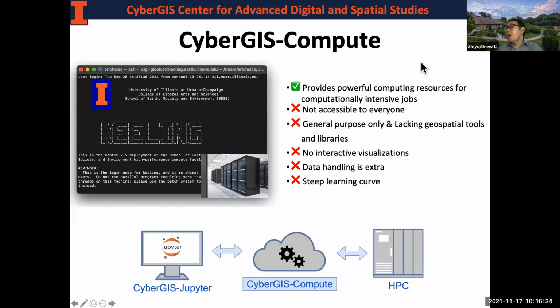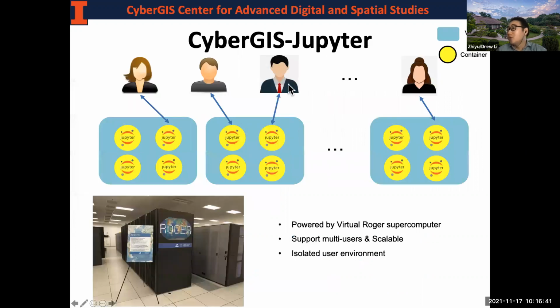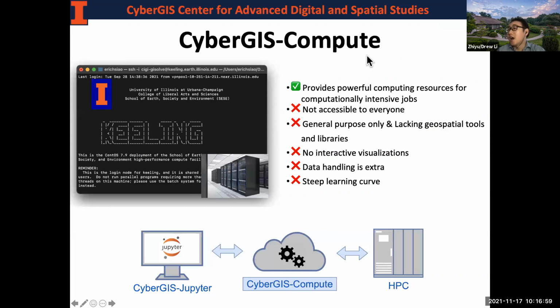So the third part is the CyberGIS Compute. Let me go back a little bit. Even though you can access the CyberGIS Jupyter environment on the virtual ROGER, and this environment is much more powerful than your normal computer already, in some cases you still need to access even larger computing resources. That's why you want to use high performance computing, because it provides powerful resources for computationally intensive jobs.